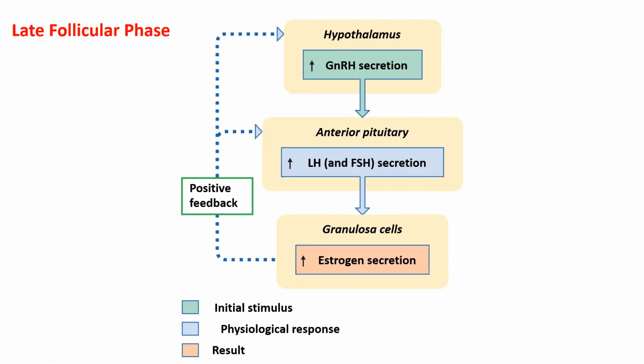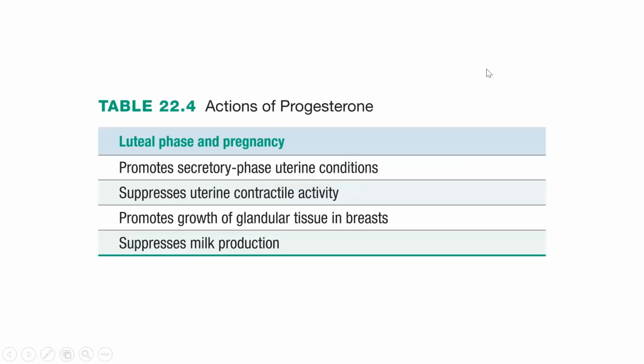So at the late stage of the follicular phase, in preparation for ovulation, the otherwise negative feedback relationship of estrogen onto the hypothalamus and anterior pituitary now becomes a positive feedback loop onto these two structures, which temporarily potentiates the production of more and more estrogen, more and more LH, which leads to the LH surge, and that triggers ovulation. Okay, I hope that's clear, because that's usually an area that's kind of hard to visualize or understand.